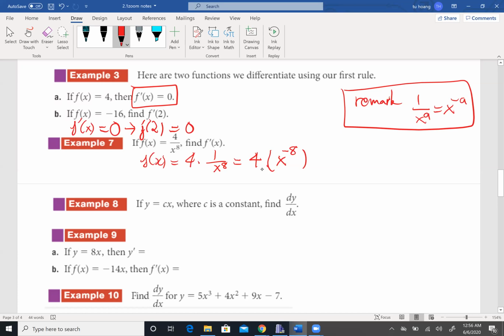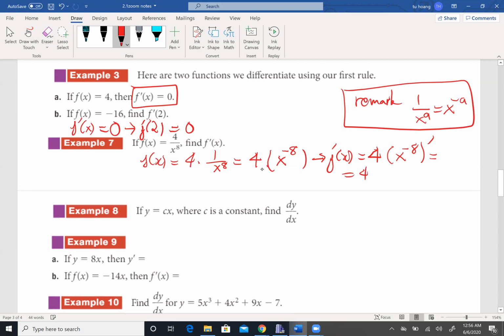So when I take f'(x) here, I want to keep the 4 out, and I just take the derivative of x to the power -8. So you just keep the 4 out here, and then multiply by the -8 coming down, and then x to the power -8 minus 1. And then lastly, you just combine everything. 4 times -8 is going to be -32.